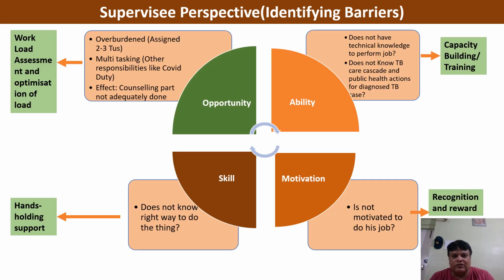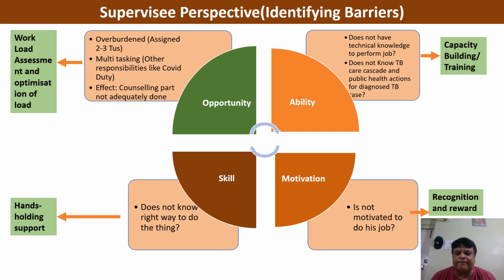So what I have tried to do is capture the barriers which are not permitting a supervisee to do the task he is supposed to do. I have broadly categorized those into four kinds of barriers: opportunity barrier, ability barrier, skill barrier, and motivation barrier.